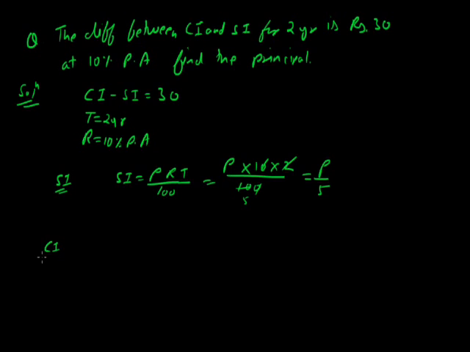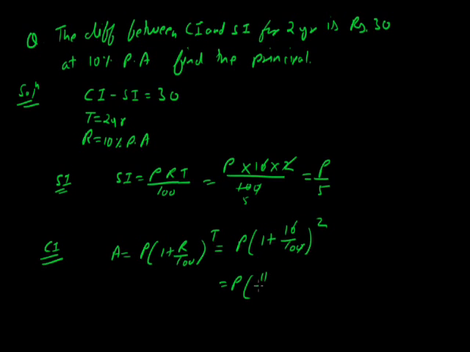Now we find the compound interest. Before finding the compound interest, first we find the amount. So amount is equal to P, 1 plus R by 100 raised to the power T. Now put the values. In place of P I write P simply. 1 plus R, that is 10 by 100. Time period is 2. 0 and 0 get cancelled. So P, 1 plus 1 by 10, that is 11 by 10, the whole square. So that is 121 by 100 P. That is your amount.